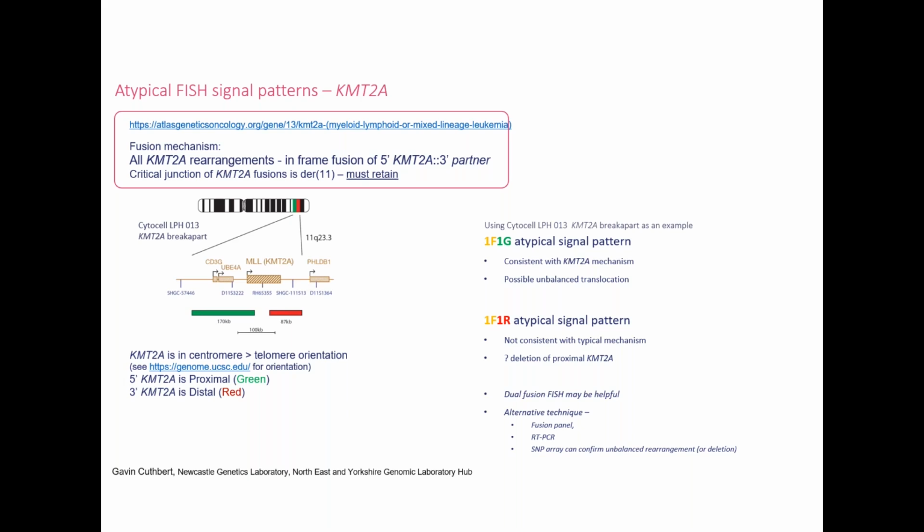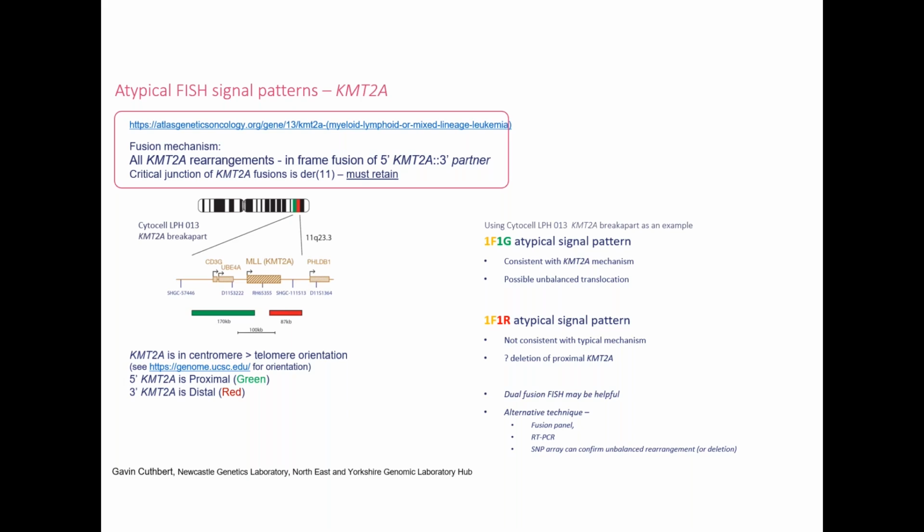The 5' bit of MLL, the green bit in this probe, is more significant than the red bit. So a fusion green is more likely to be a biologically significant KMT2A fusion than a fusion red, because the fusion red is the wrong end of the gene. It's the 3' end. It doesn't make sense that you haven't got the 5' bit. I'm not saying that's absolutely always the case, and it's probably a sensible thing to confirm with the fusion panel.